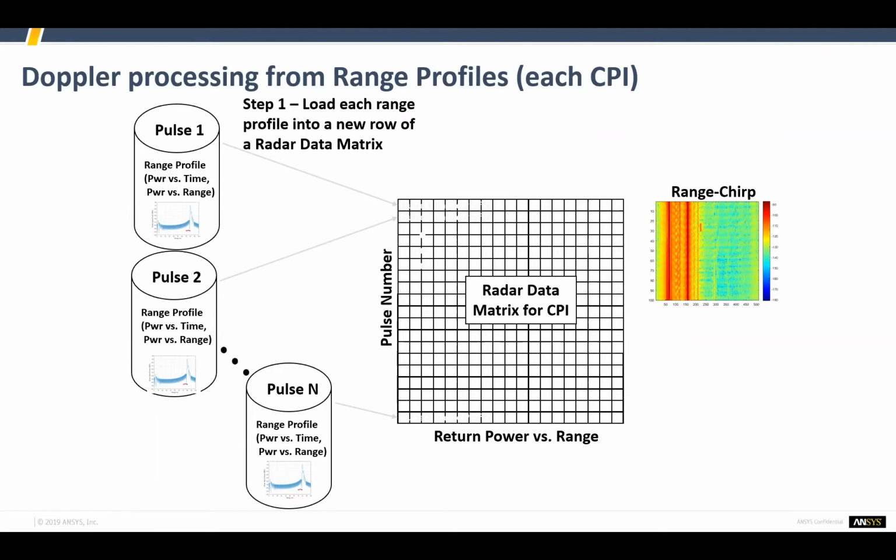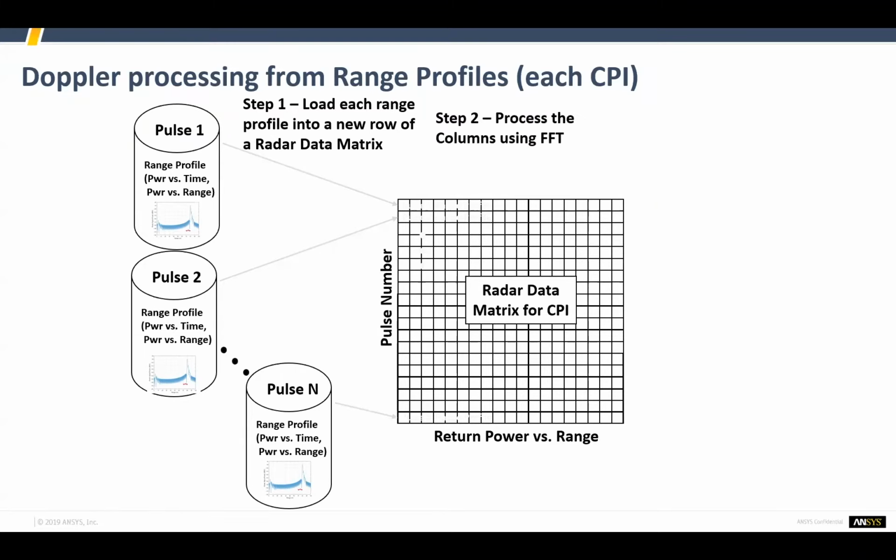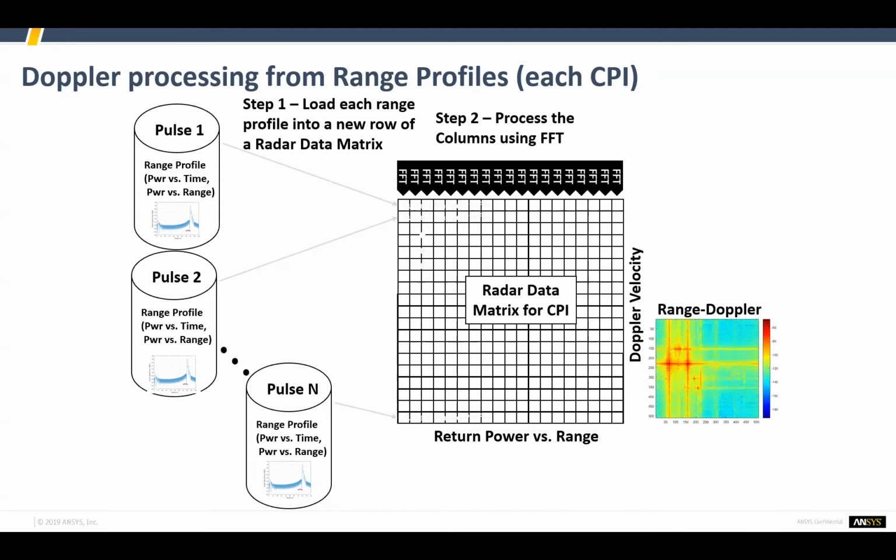So for each pulse, we have an entry into our radar data matrix for our coherent processing interval. And what we really get then is what we see on the right, which is our range chirp plot. From the range chirp plot, we can then deduce the range Doppler plot using our FFT.